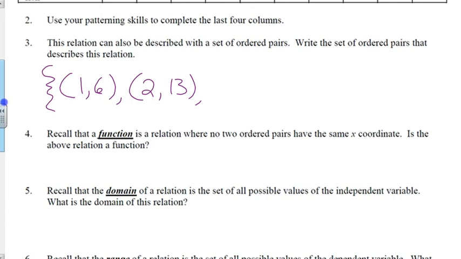Because we're drawing a set. So let's just finish it off.